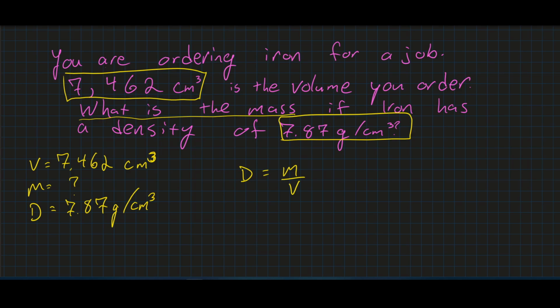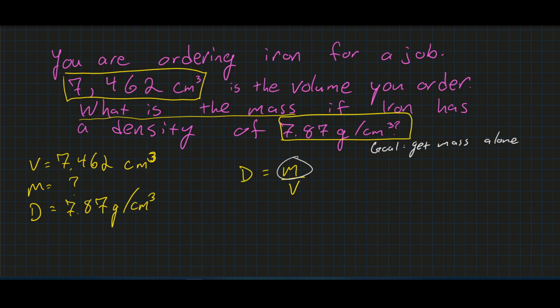These all have a relationship that doesn't change depending on how the equation is organized. So we are just going to go ahead and reorganize the equation. Now we want to get mass alone. So our goal: get mass alone.